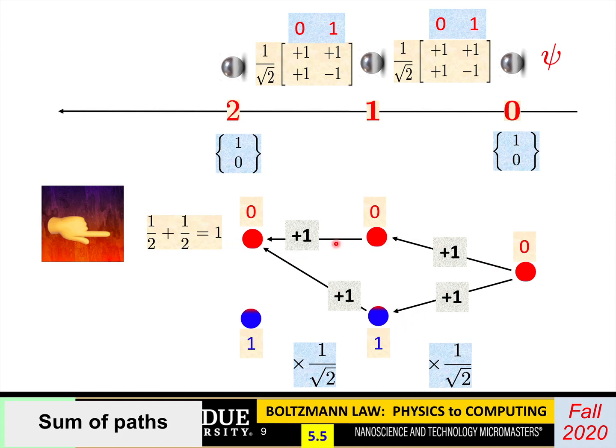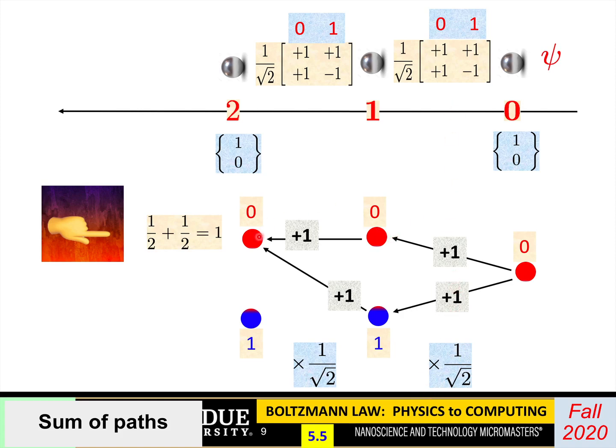And what is the amplitude of the two paths? Going from 0 to 0, that's this plus 1. I've labeled the columns 0 and 1, and the rows are also labeled similarly, 0 and 1. So this element is the 0 to 0, which I've indicated here with a plus 1. And this 1 over root 2, that factor I'm just writing separately here to avoid cluttering it up.